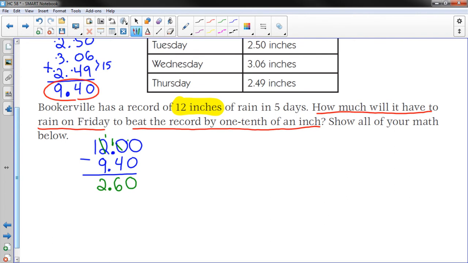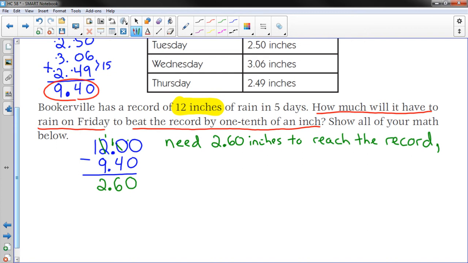So they need 2 and 60 hundredths inches, you could say, to reach the record. Have we answered the question yet?